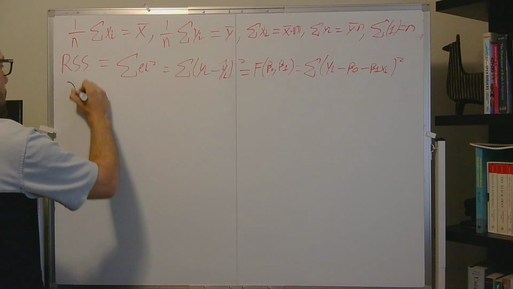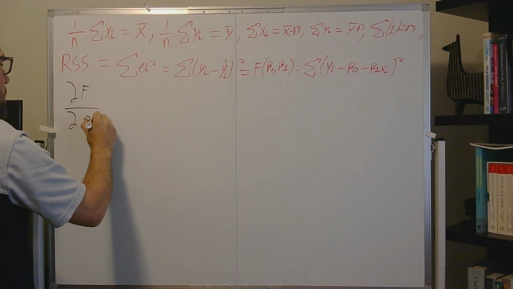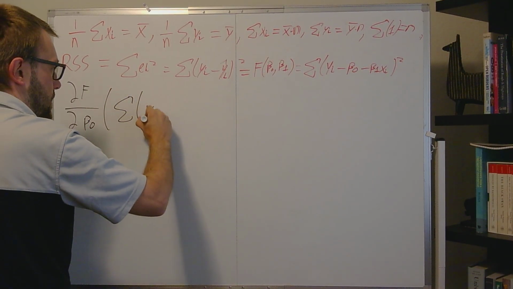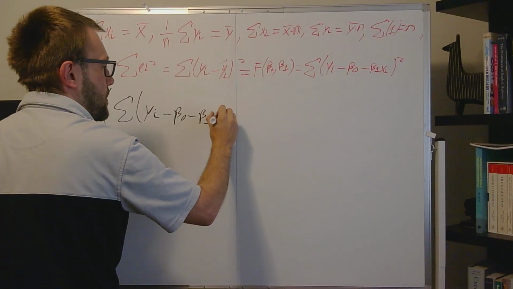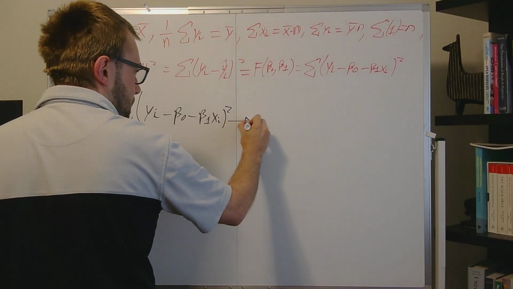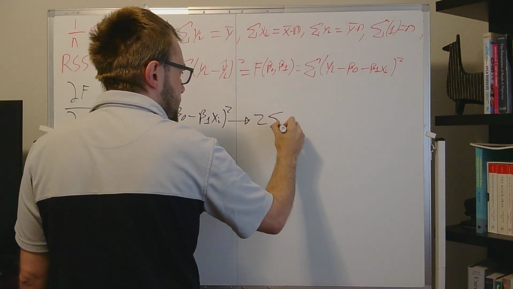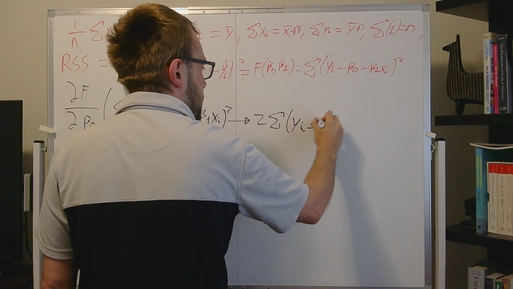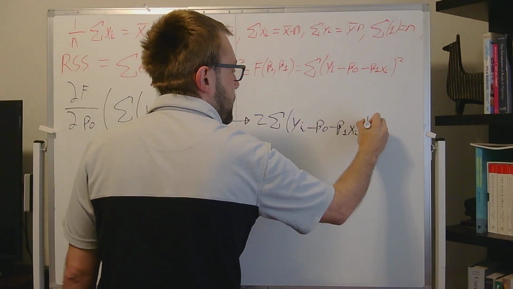Now, that being said, partial derivative of f, again, because we're calling the residual sum of squares f, with respect to beta naught is where we want to start. And that's calculated as such. So we're going to restate this down here. The sum of (yi minus beta naught minus beta 1 xi) squared. We're going to first do a chain rule. So it'll be 2 sigma times (yi minus beta naught minus beta 1 xi) to the first power.